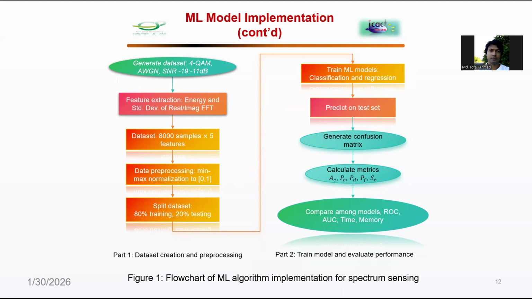Once trained, each model enters the evaluation phase, where we measure key performance metrics like detection probability and false alarm rate against the test dataset. Finally, based on this evaluation, the system makes a sensing decision, selecting the best performing model to deploy for real-time spectrum detection.